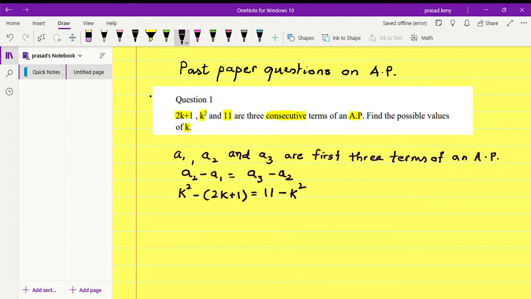So k square minus 2k minus 1 is equal to 11 minus k square. So shuffle the terms. Take minus k square to the other side: k square plus k square is 2k square, minus 2k minus 1, take 11 to the other side. Minus 1 minus 11 is minus 12.